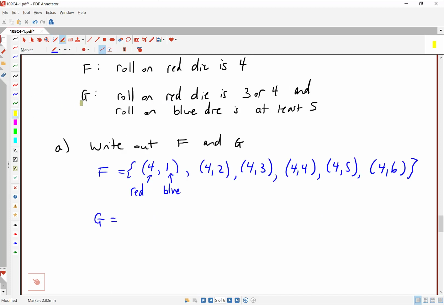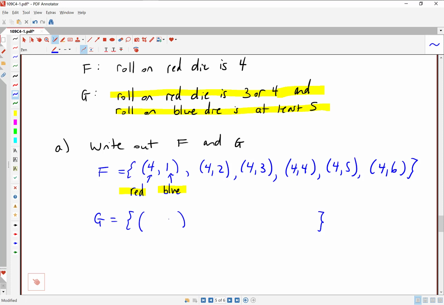Okay, now let's look at event G. Roll on the red die is either 3 or 4, and the roll on the blue die is at least 5. So let's list all the different outcomes that satisfy those 2 requirements. So we've already described that we're giving the red number and then the blue number in that order. So we're going to stick with that convention. So let's think.